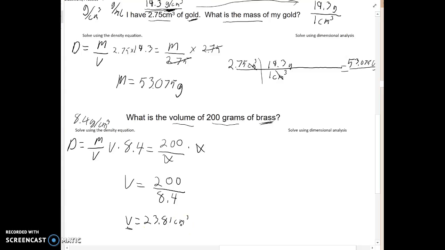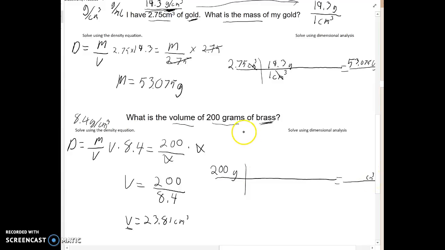All right, so solving with dimensional analysis helps us to avoid that common mistake that we see when solving for a variable in the denominator. So again, we'll set up the same way. Dimensional analysis setup. This question is asking me for volume. My unit of volume is centimeters cubed. My starting point is 200 grams. And again, to get from grams now to centimeters cubed, I need to use density as a conversion factor.